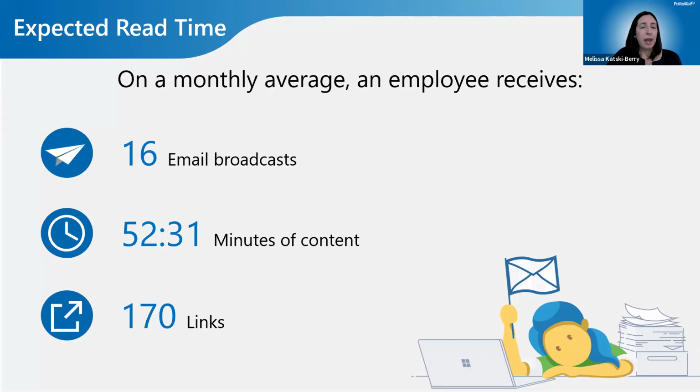On a monthly average, they're getting 16 email broadcasts, 52 minutes of content, and 170 links from their corporate communications or internal comms team. So you want to make sure that your email gets their attention. And you can make a good first impression with assets like personalization, editing the pre-header text, and including a strong, unique subject line.